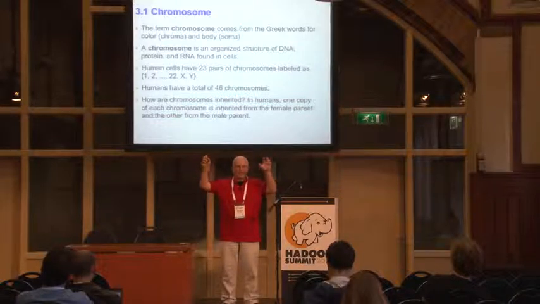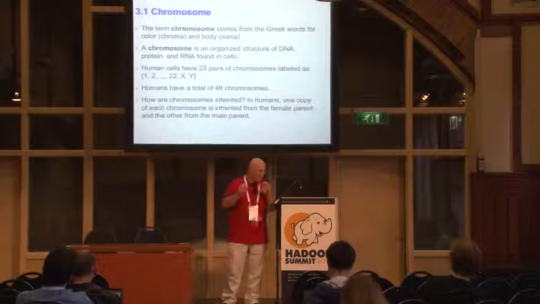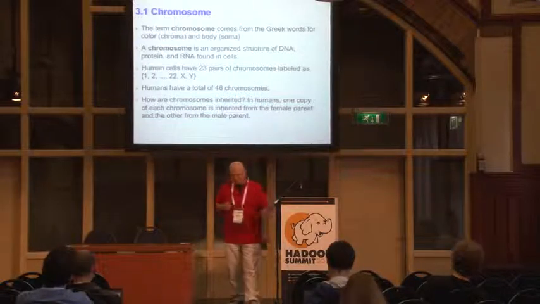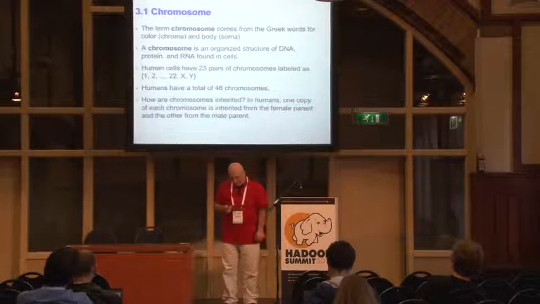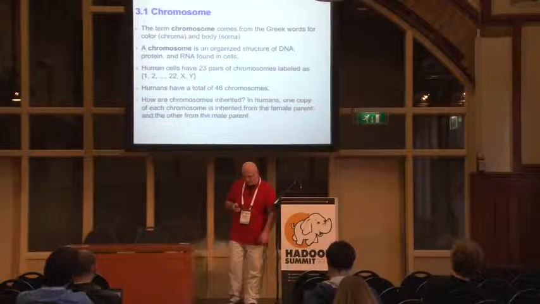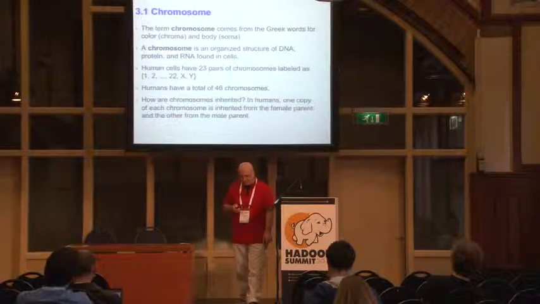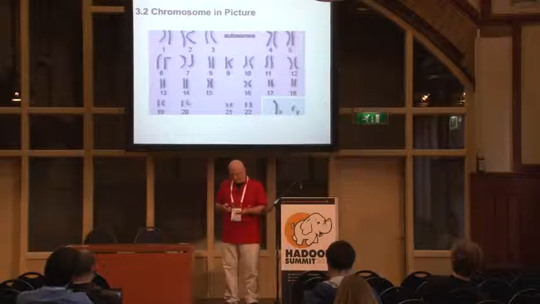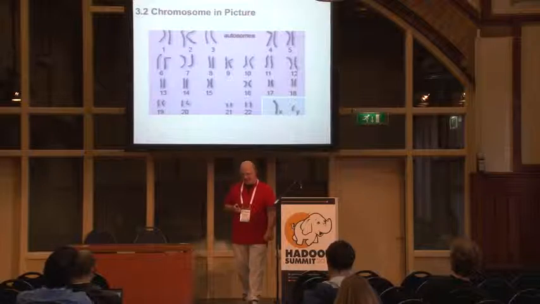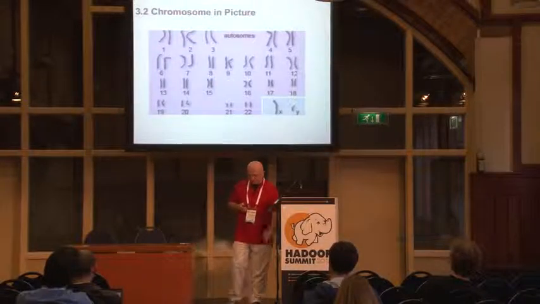Basically, we get one from each parent, so that becomes 46 in total. So that's a chromosome. And this is basically the chromosomes in a picture. We have 23, and X and Y are the sex chromosomes.